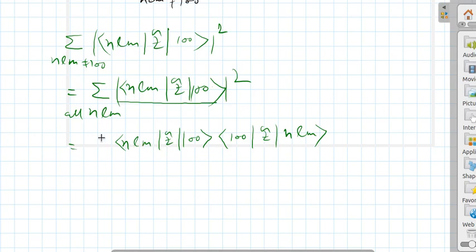This can be expanded in this way, because psi mod square is equal to psi star psi, so it is sitting like this, right?